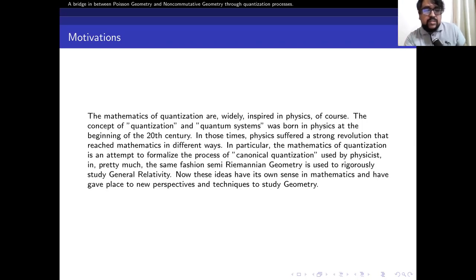In pretty much the same fashion, semi-Riemannian geometry is used to rigorously study general relativity. So these mathematics of quantization are for quantum mechanics and quantum physics what Riemannian and semi-Riemannian geometry are for general relativity, basically. And today, these ideas have their own sense in mathematics and have given place to new perspectives and techniques to study geometry.